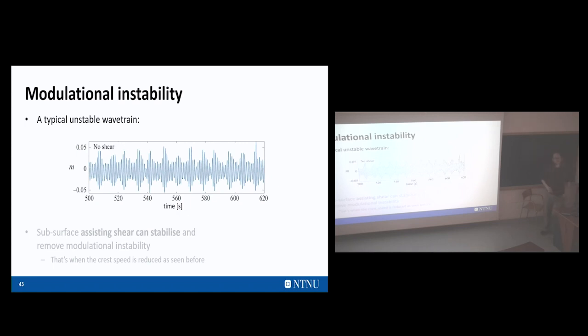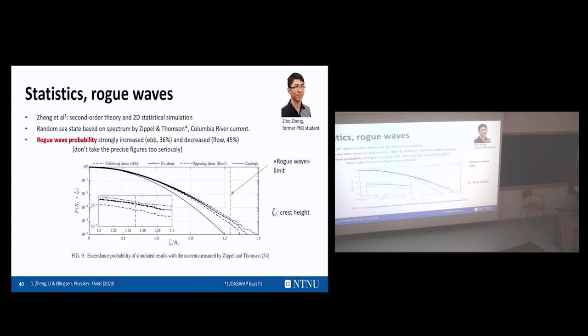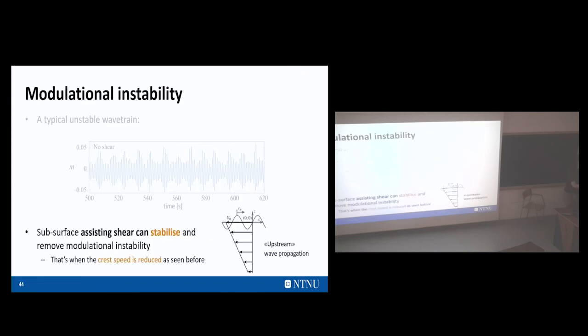Now, this experiment was done for a paper testing Nick Piso's Lagrangian theory. It's been shown theoretically and experimentally before that if you have assisting shear, this can stabilize and remove the modulational instability.